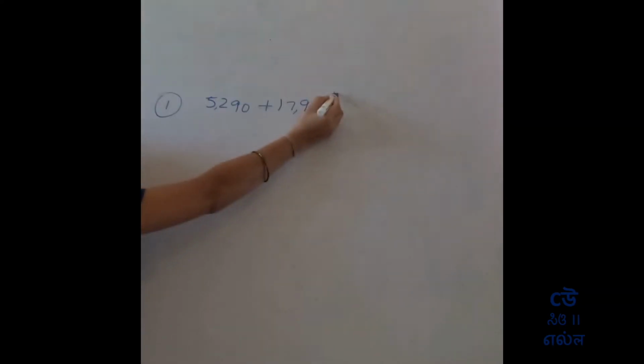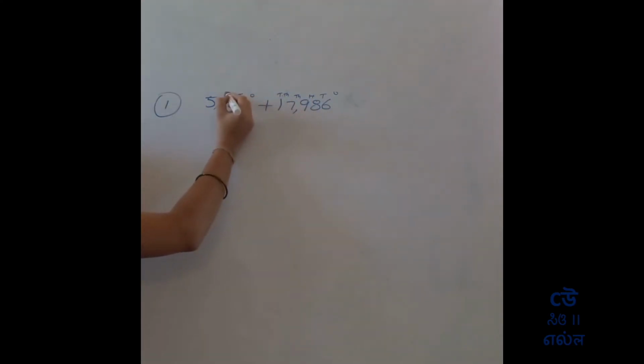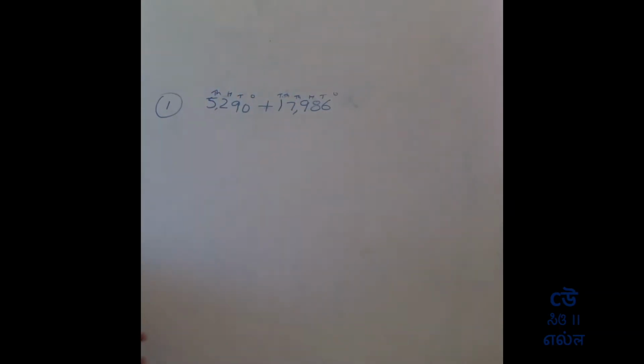Here we have ones, tens, hundreds, thousands and 10,000. In the other number we have ones, tens, hundreds and thousands. So 10,000 is extra, we don't have 10,000 in both. The common place is 1,000, so you can round off the numbers to 1,000.